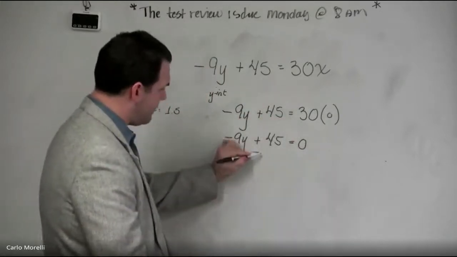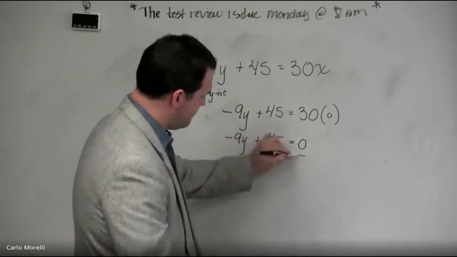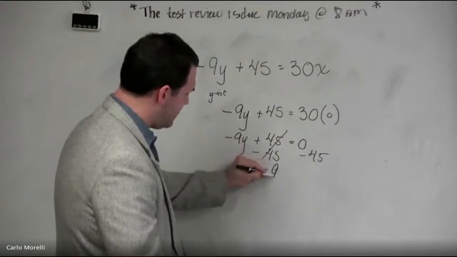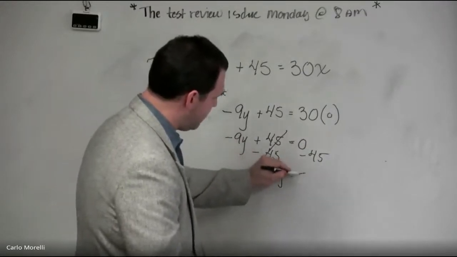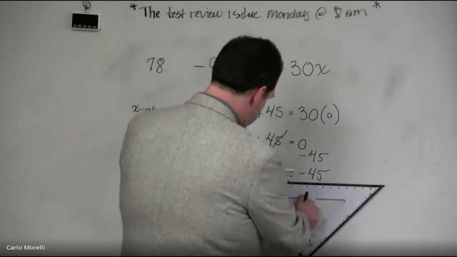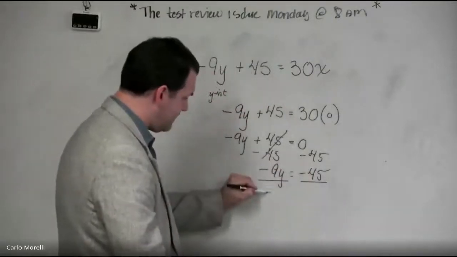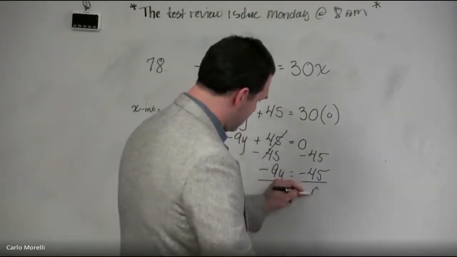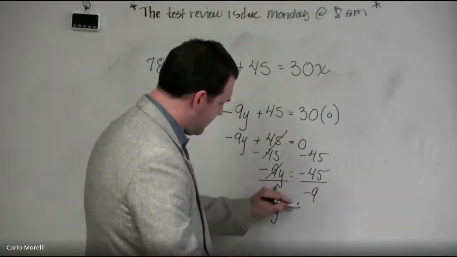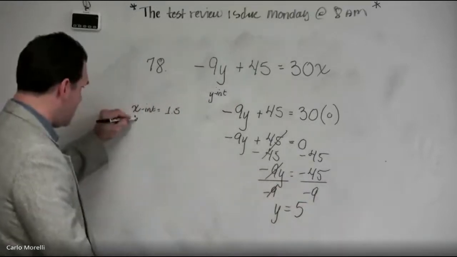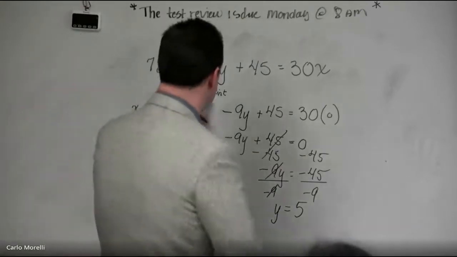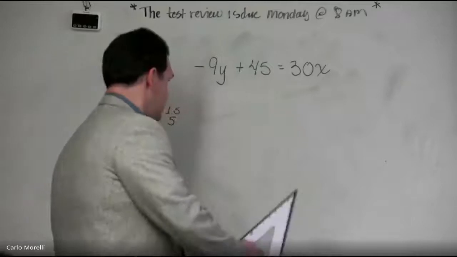So then I'll subtract 45 from both sides. And I'll have negative 9y equals negative 45. And I'll divide by the coefficient of the y variable. In this case, I'll divide both sides by negative 9. And y will equal positive 5. So my y-intercept is at 5.